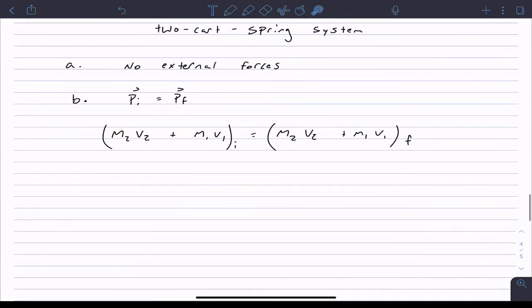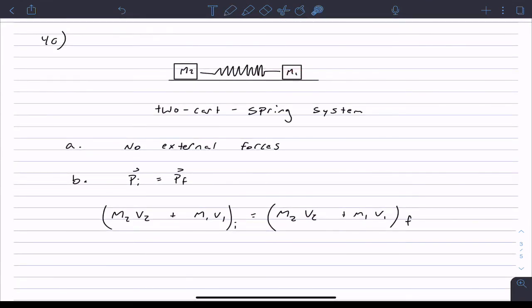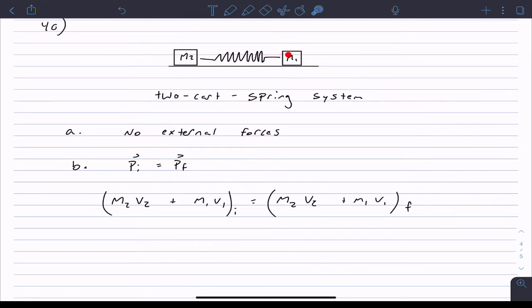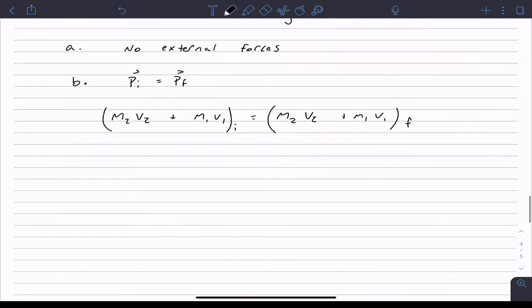Okay, so at the very beginning, we're just going to consider what the momentum is just before it's released, and that's going to be 0 for both carts. These things are just sitting here stationary at the moment just before release. So this goes away and is equal to 0. So that means M2 V2 is equal to negative M1 V1.